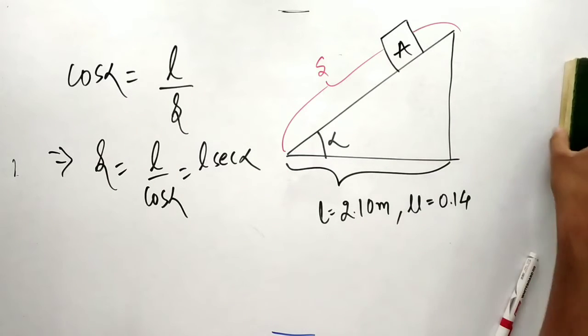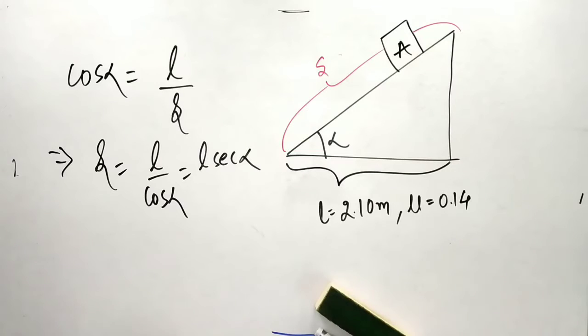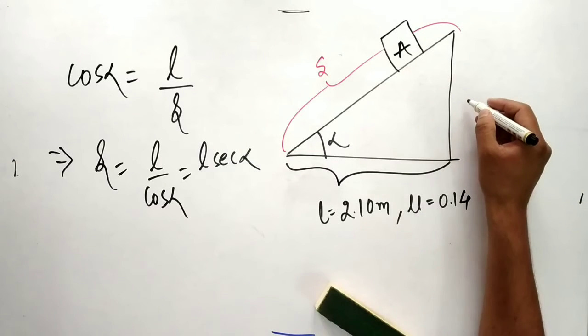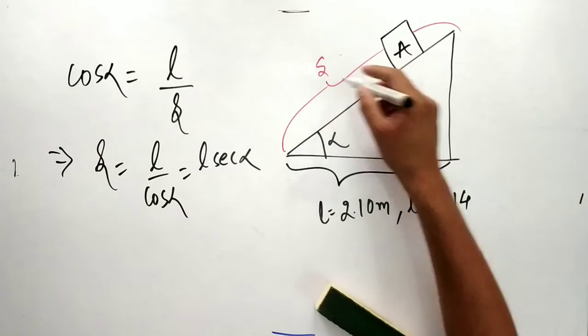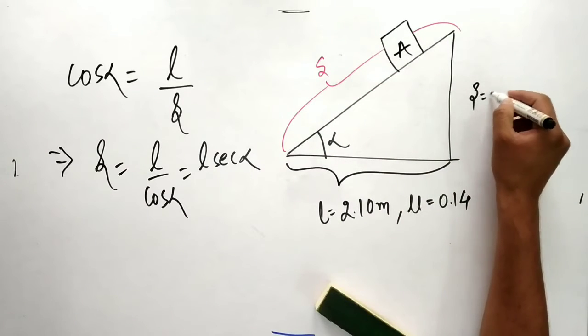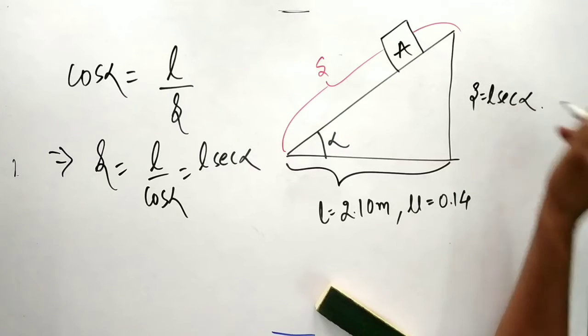So this is one initial step that we have to keep in mind, that the distance traveled by the block, which is represented by S here, will be equal to L sec alpha.